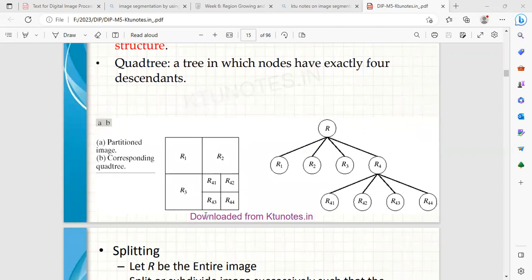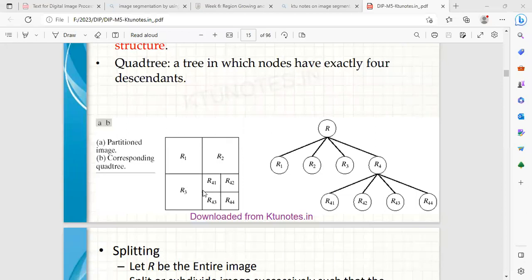This is how we do it. If this is the full image, first you divide it into 4 regions: R1, R2, R3 and R4.